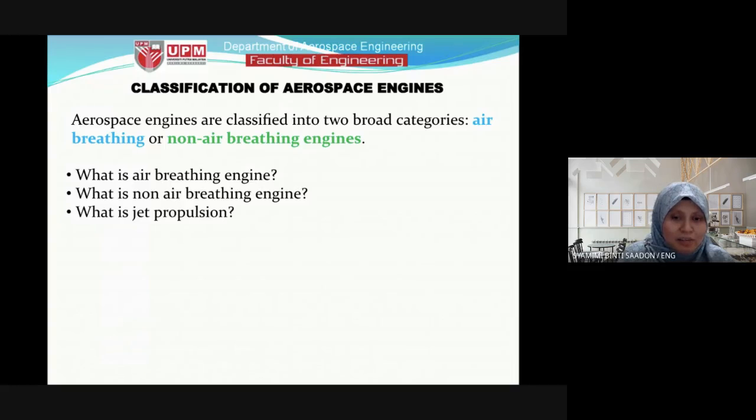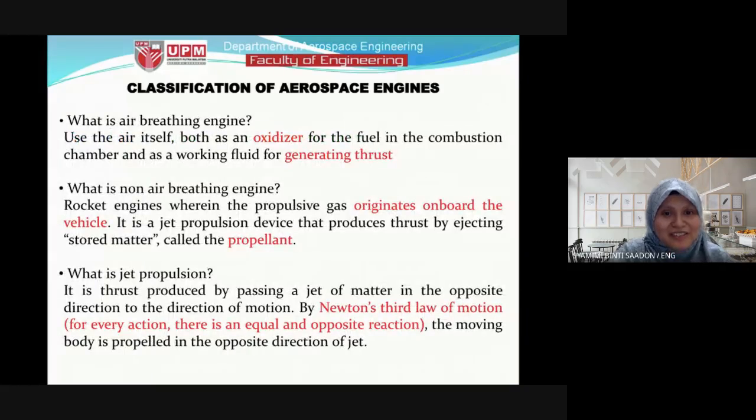What is an air breathing engine, and what is a non-air breathing engine? Basically, for an aircraft engine we use an oxidizer, oxygen, and in the air we have oxygen.